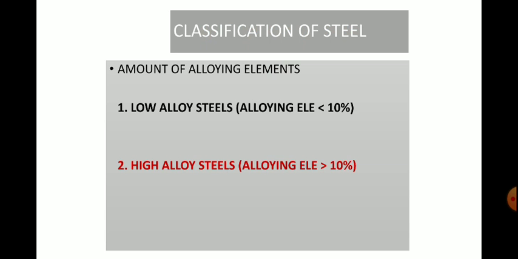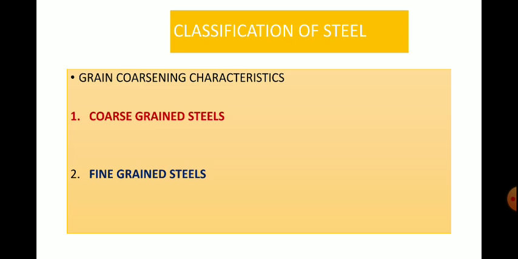Next classification is based on alloying elements, that is how much alloying element is present. If alloying elements are added and the content is less than 10%, we classify them as low alloy steels, whereas if more than 10% is added we classify them as high alloy steels. Next classification is grain coarsening.